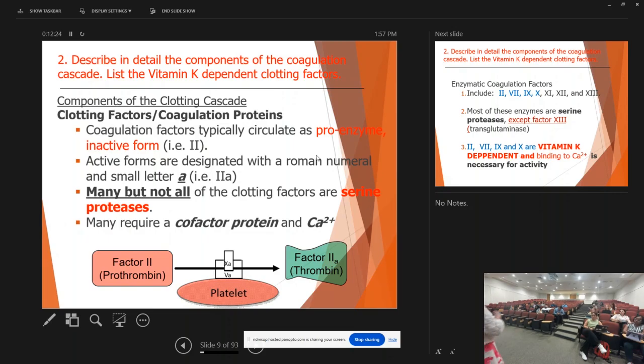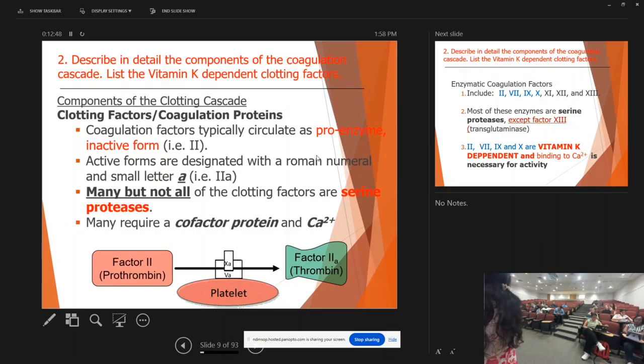I'm not going to ask you to memorize which one is a serine protease. All I want you to understand is that this is an enzymatic process. And also they require cofactors. It can be protein or calcium or vitamin K. Those are the cofactors we need for this process.